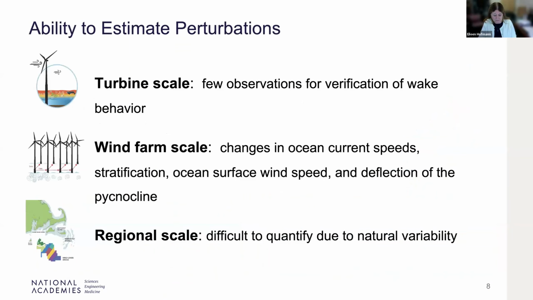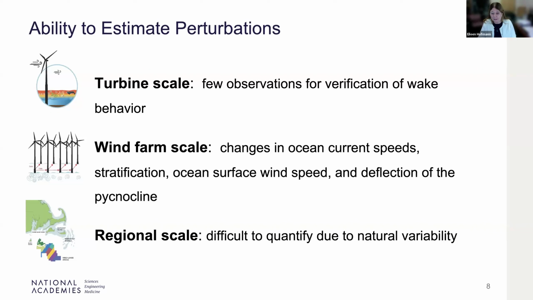So what is the state of being able to estimate perturbations from the wind turbines and the wind structures on the hydrodynamic regime? Well, at the turbine scale, there are a few observations for verification of wake behavior. The potential effects at the wind farm scale that are shown on this slide are based on limited modeling studies.